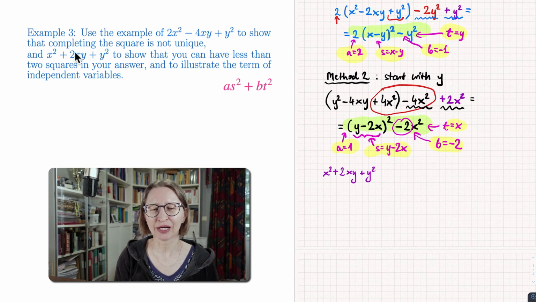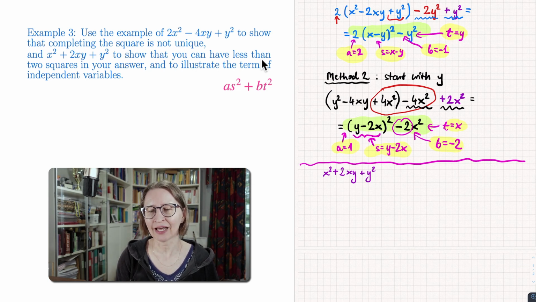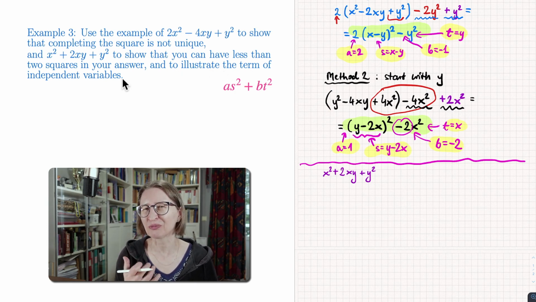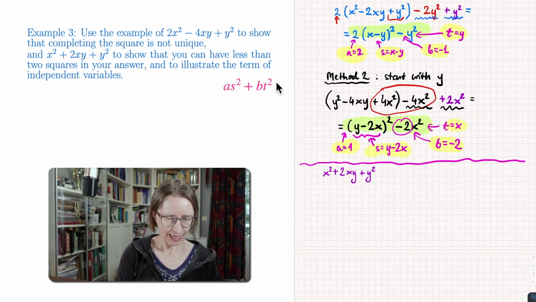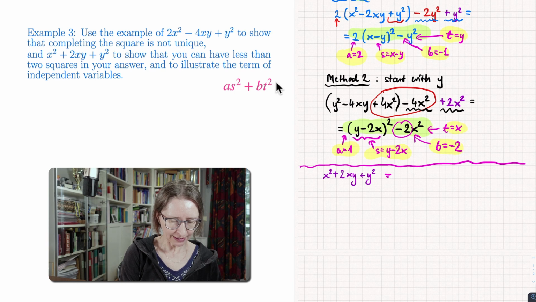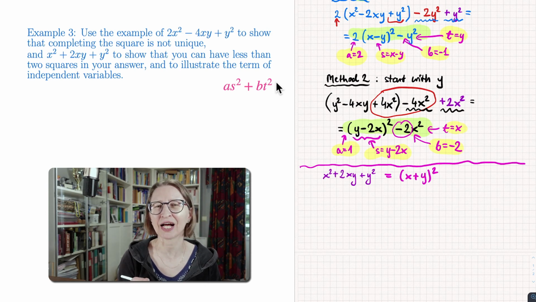And in the second part of this example 3, you have to use this quadratic form to show that you can have less than 2 squares in your answer, and to illustrate the term of independent variables. So what it means that these variables s and t must be independent. Well, if I look at this, I see at once that this is simply x plus y all squared, right?